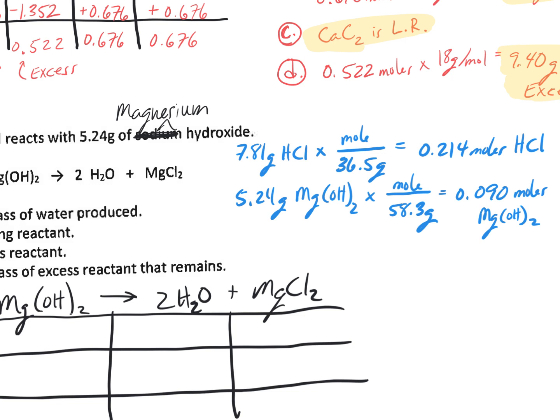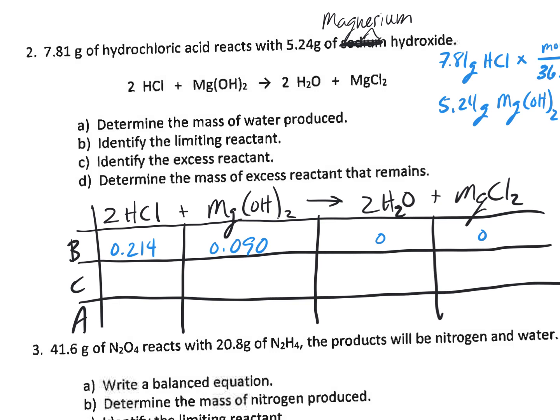Those numbers are now going to be put into the BCA table. Okay, I put these into the BCA table now. We have 0.214 moles of HCl, 0.09 moles of magnesium hydroxide, and of course, the reaction hasn't started yet, so we don't have any water or magnesium chloride yet, okay?